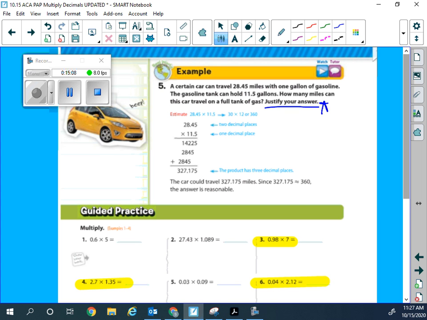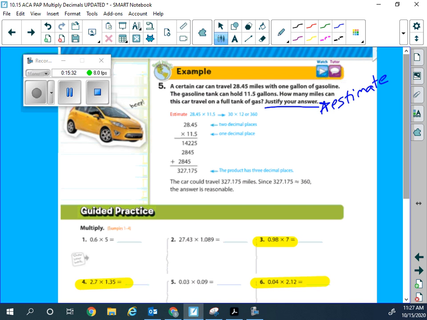Okay? A key here, especially when we're talking about decimals, is you want to estimate. What does estimate mean? To round, that's exactly right. It means you want to use easy numbers to get an answer on your own, okay? So in this case, 28.45 times 11.5 is the real work we're going to do.